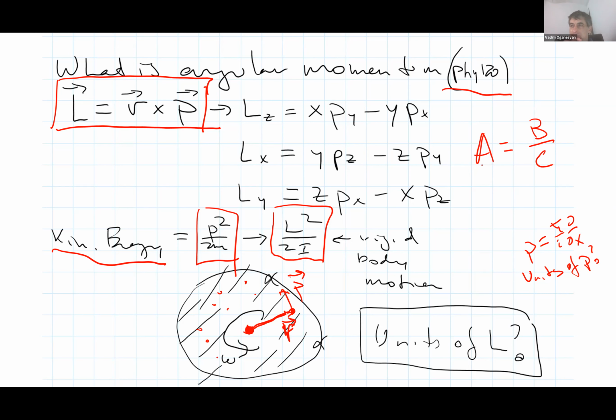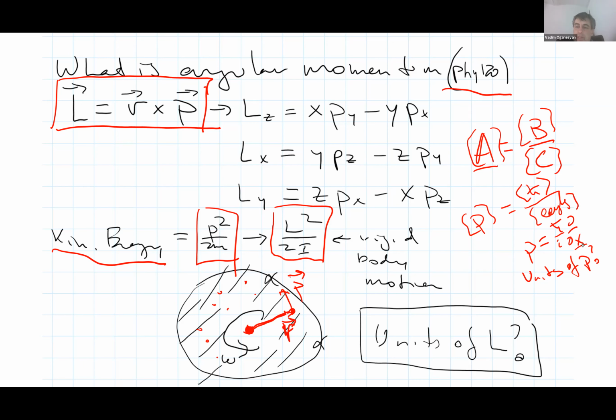Well, it's not the color of B. So in this case, the units of A are the units of B divided by units of C, right? So the units of momentum are the units of h bar divided by the units of dx, but the units of dx are length, right? Right.